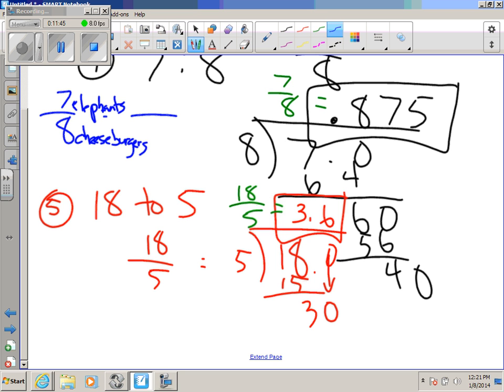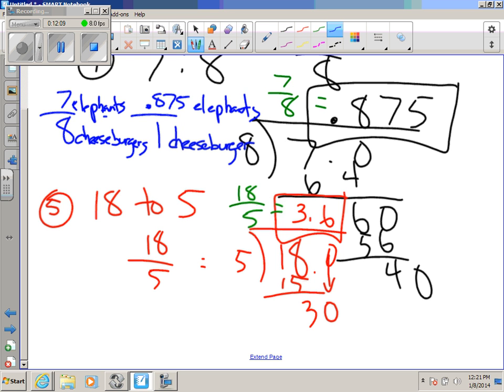If I were to really try to simplify this ratio, I would say I would have 0.875 elephants for every 1 cheeseburger, right? That's what it's essentially saying.